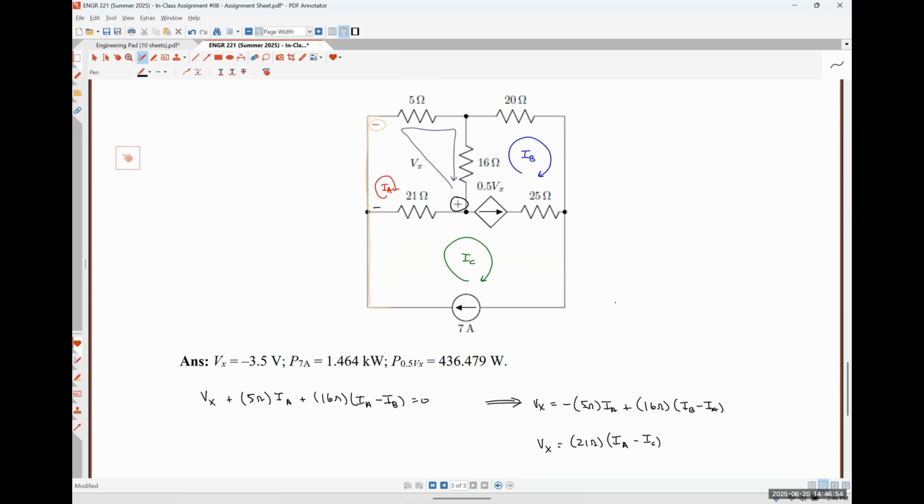And for what it's worth, if we had done KVL around this triangular path, we would have gotten the exact same result, okay? So realistically here, you can just use whichever method makes the most sense to you.